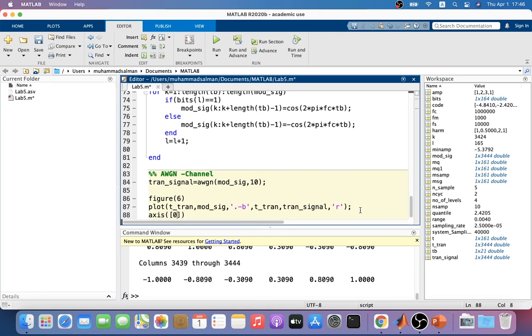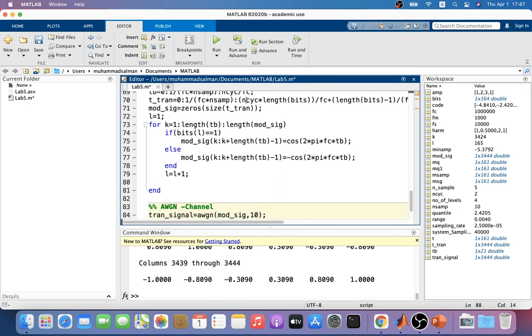Let's say 0 to 3 times the cycles, so I want to see 3 cycles only. So 3 times ncyc, I think. Yeah, this one.